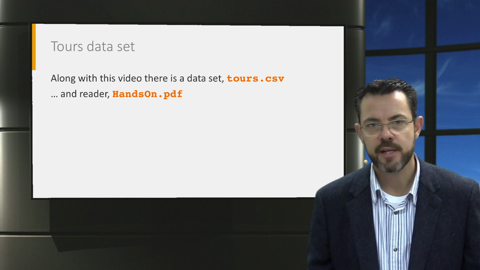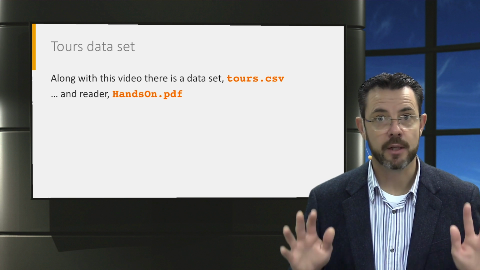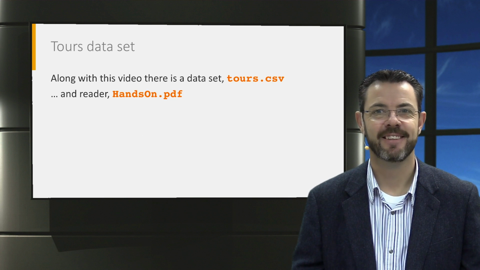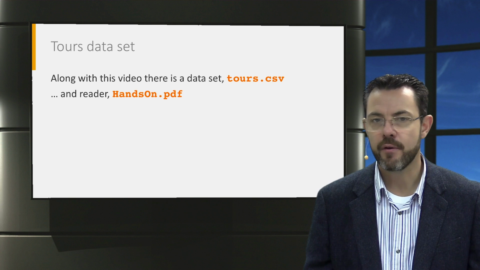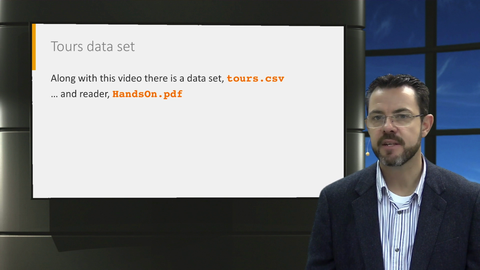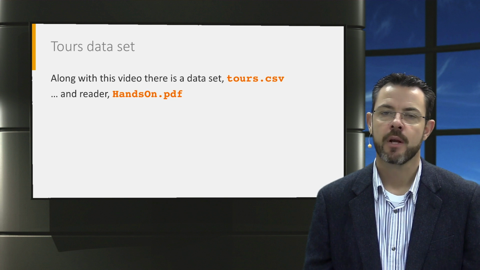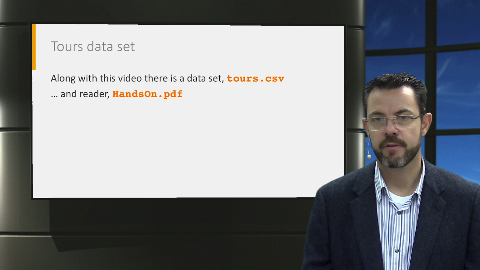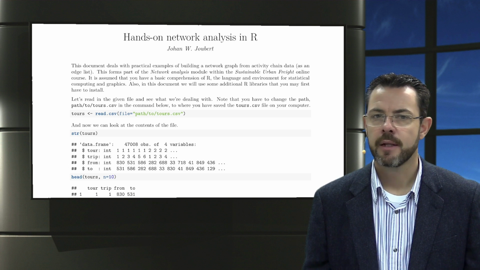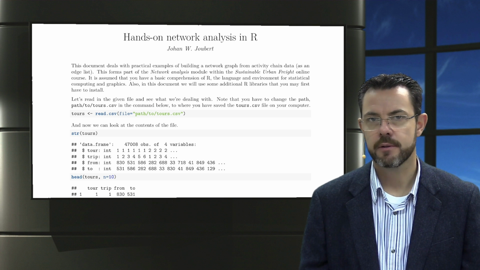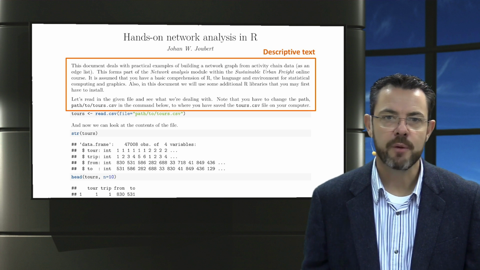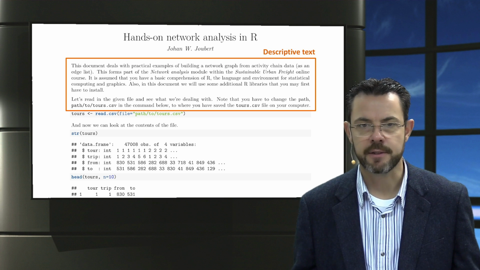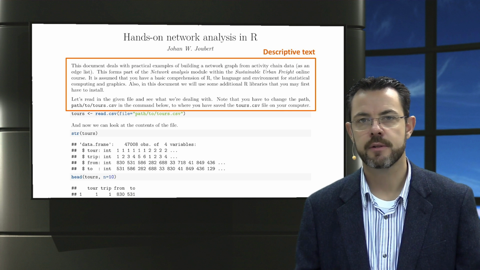And along with this presentation, you also have a PDF document called Hands-On. And your job is to work through it as it provides step-by-step examples on how to build a network from this trip data that we provide. So, let's just look at what's in the document. Throughout the document, you will find descriptive text that explains the process.